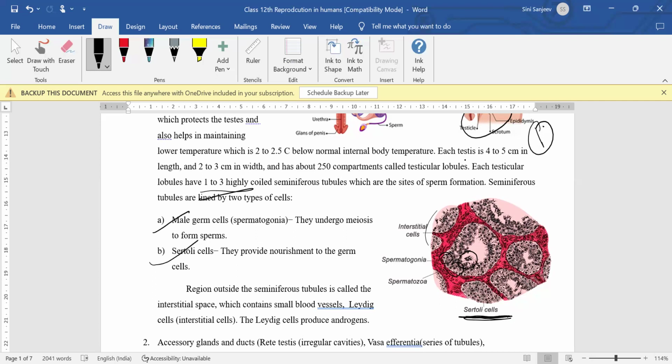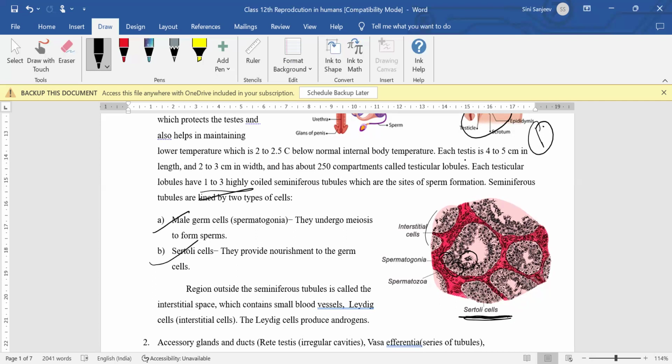So the seminiferous tubule where the sperms are being formed mainly contains two types of cells: the male germ cells as well as the Sertoli cells. Fine. The male germ cells undergo meiosis so that they can form the sperm, whereas the Sertoli cells give the nutrients necessary for the germ cells to undergo the meiosis process. Right.